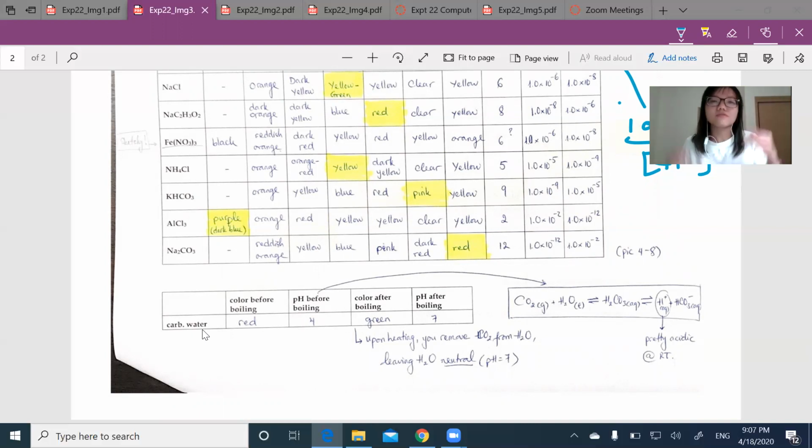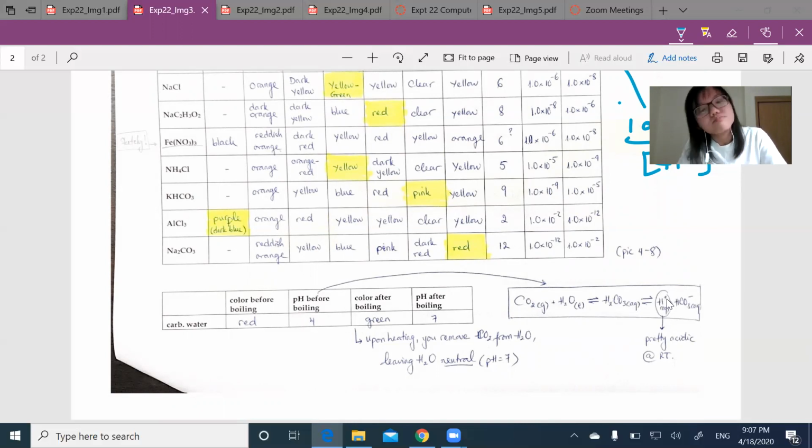So all those tiny gases would contribute to the pH of the water at room temperature. So I put in a chemical equation over here. Carbon dioxide plus H2O would produce bicarbonic acid. Yep, and then this one would dissociate into hydronium ion and bicarbonate ion.